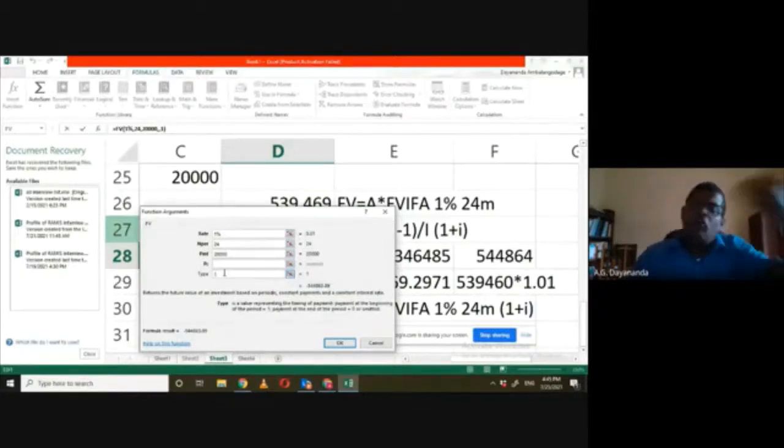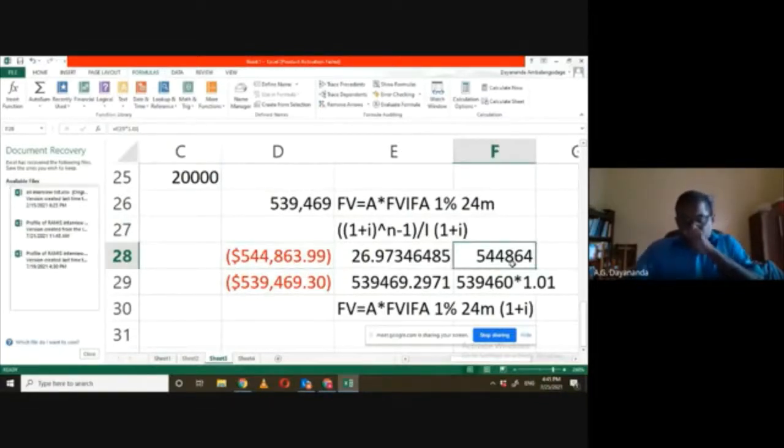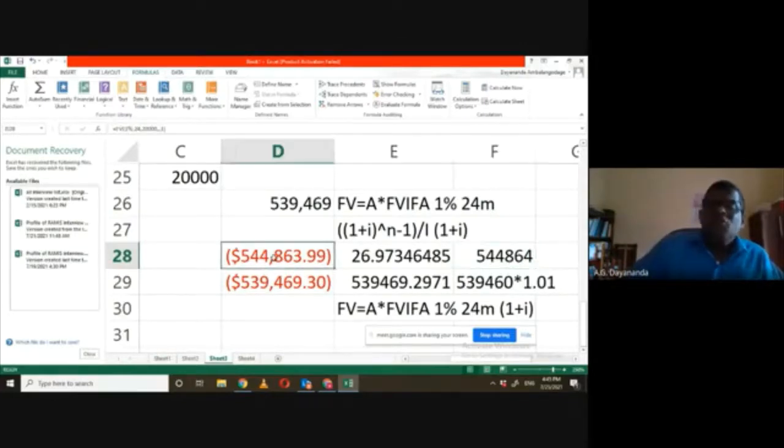You change the formula embedded in the Excel sheet. So now the answer is 544,864. Is it clear? Likewise, you can use the Excel sheet to calculate the future value and present value for annuity due and annuity general.